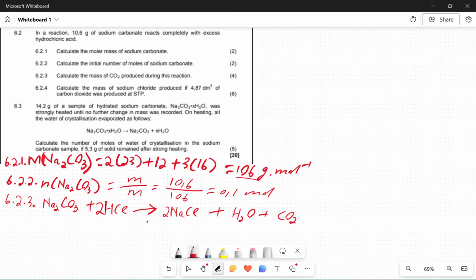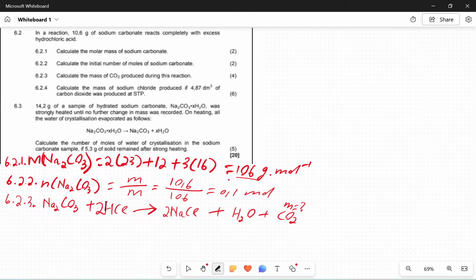After this, now I'm just gonna use ratios. Remember, we are looking for the mass of carbon dioxide, but we don't know the number of moles of carbon dioxide, which we need to find our mass. So we'll find that by using ratios. How did I say we use ratios?